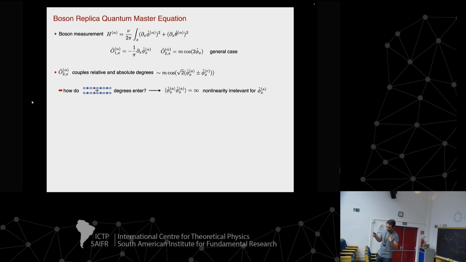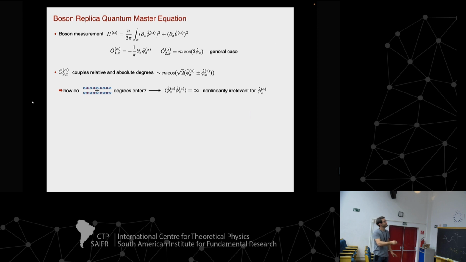So let's now think about what happens if we take into account this nonlinear term. I said we work perturbatively in the measurement strength. We want to expand our problem about the weakly measured limit. So that's our setting, and we should be able to work in some sense perturbatively.